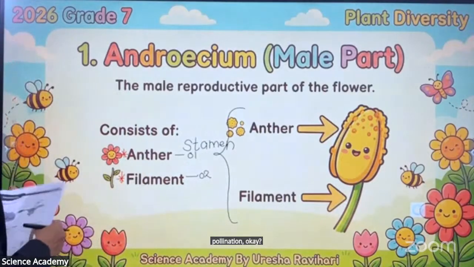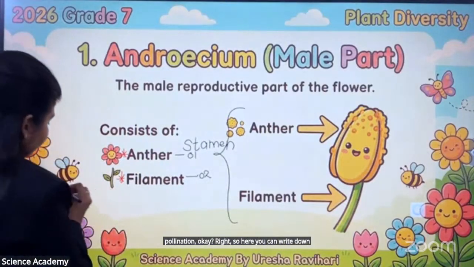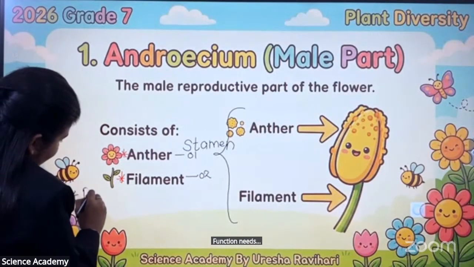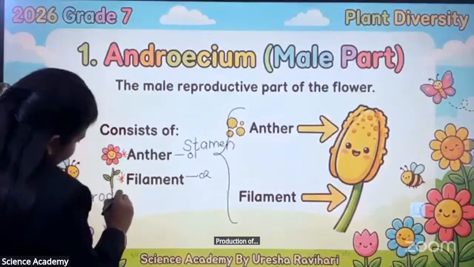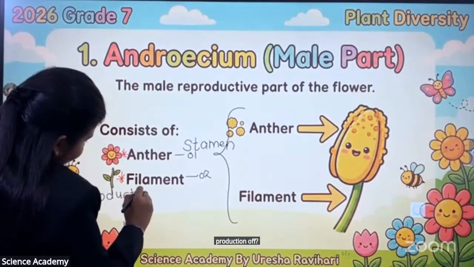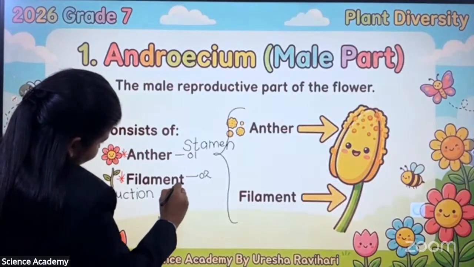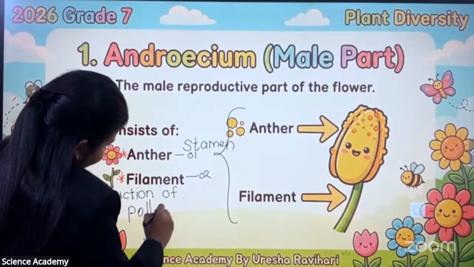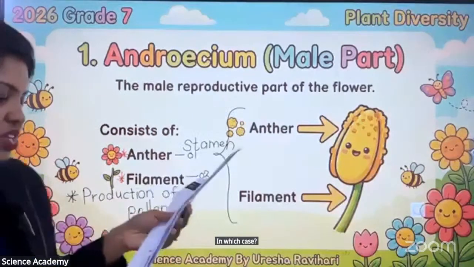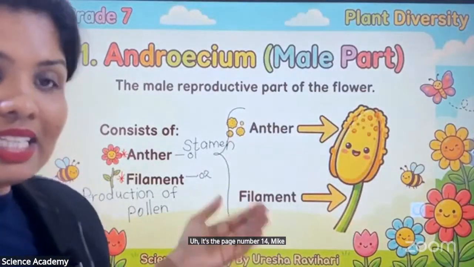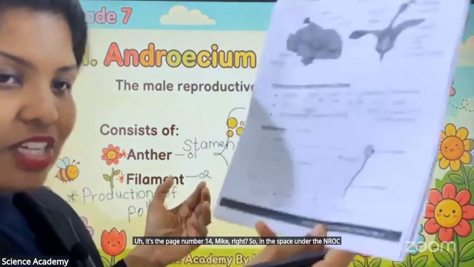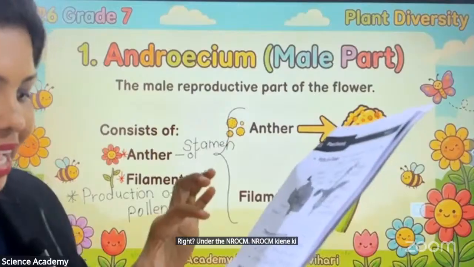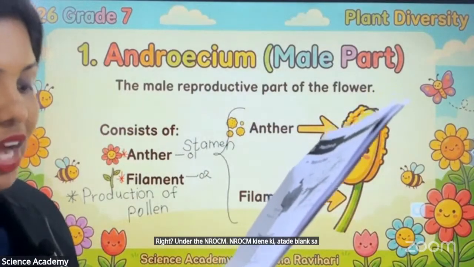Okay. Right. So here you can write down function is production of pollen. In which page, teacher? In page number 14, right? In the space under the androsium, I have given blanks.